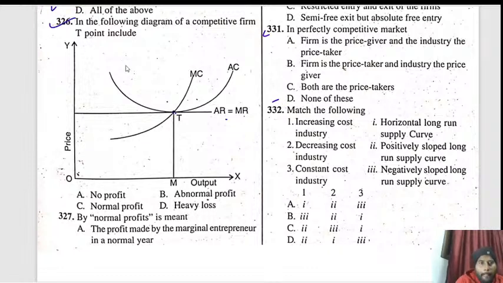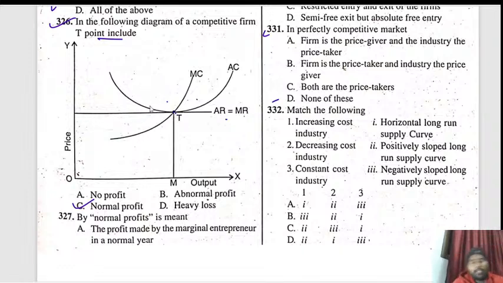Here, in the following diagram of a competitive firm, T point include. So T point include, it is only normal profit. As I already told you, when the equilibrium point is at the bottom of average cost, it means the price is that much only.